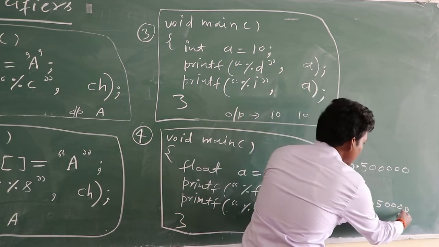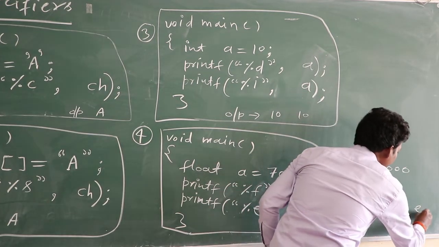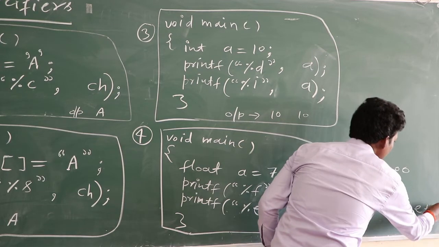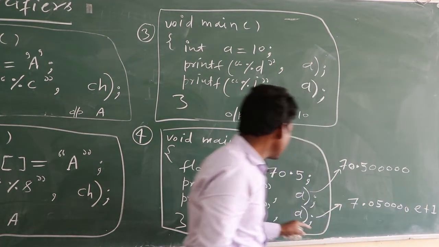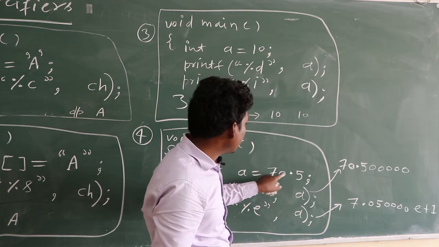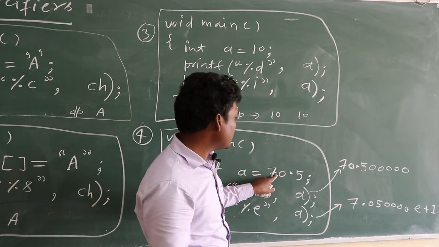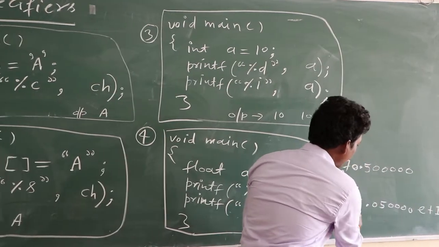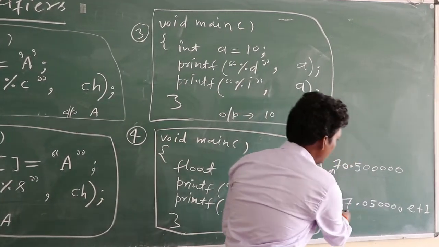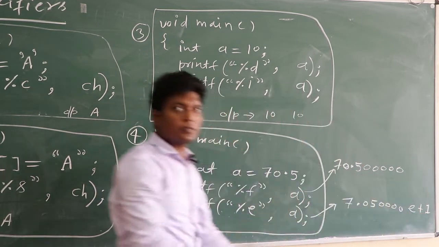After decimal there are 6 places, e plus 1. Plus 1 means, because the decimal is shifted to this place, there is a plus 1 after e. This is the mantissa here, and this is the exponent.